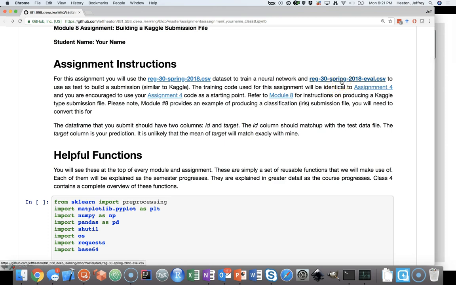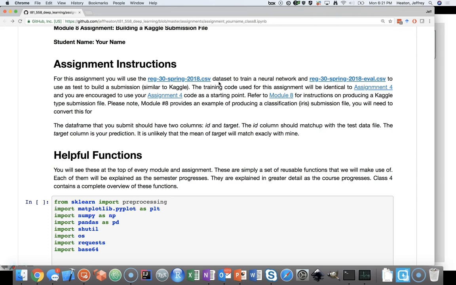The second one is just like the first one, except that there's no outcomes, just like in Kaggle. So in Kaggle, you have your training data set and you have your test data set. The training one has the outcomes. You use that to train.